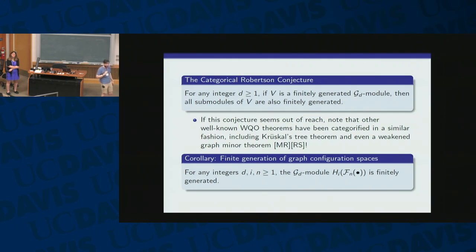Yeah. My second question is, how big are the kernels? So the question is, how big are the kernels here? Kernels with respect to what maps? Well, you've been finitely generated, but the homology itself is going to be a huge quotient. So let me try to understand the question here.